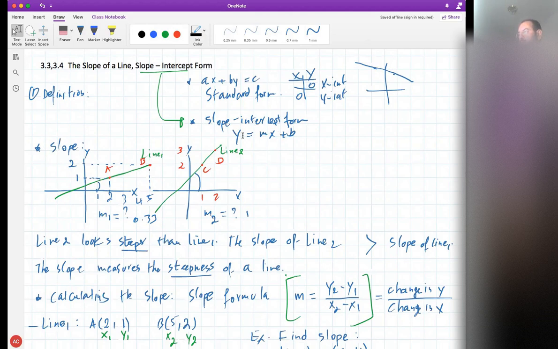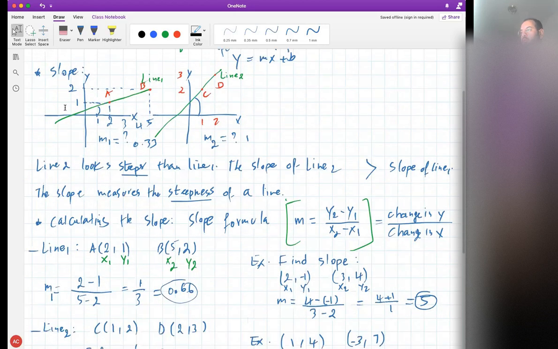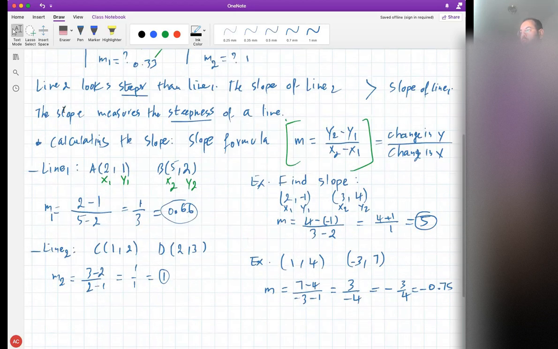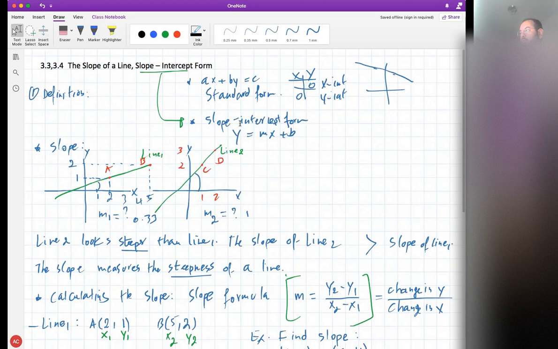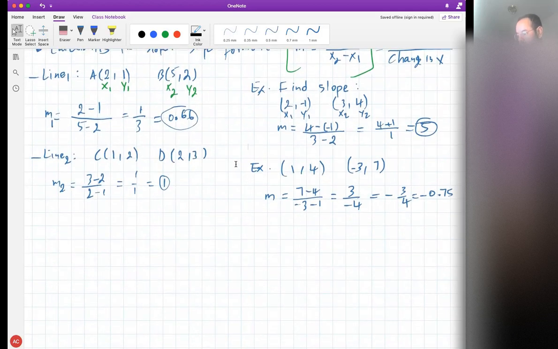It's just another version of this formula, and it's convenient. Once we finish talking about the slope, we will go back to it and see how to use it. It's even easier than the standard form. They're technically the same, just in different formats.